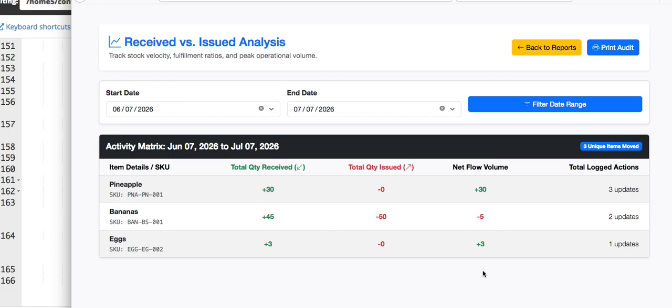This will help out with the tying up of the capital, so that the numbers that you see, like the plus 30, issues 0, and the net flow 30. So when the manager reads this, this is a red flag. They bought in 30 units, and not a single one was moved during the entire month.